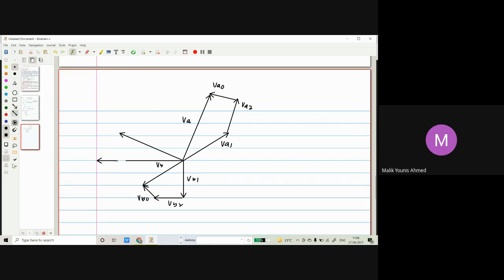Just a second. Okay, fine. This is, let me extend this zero sequence. This is positive, negative.